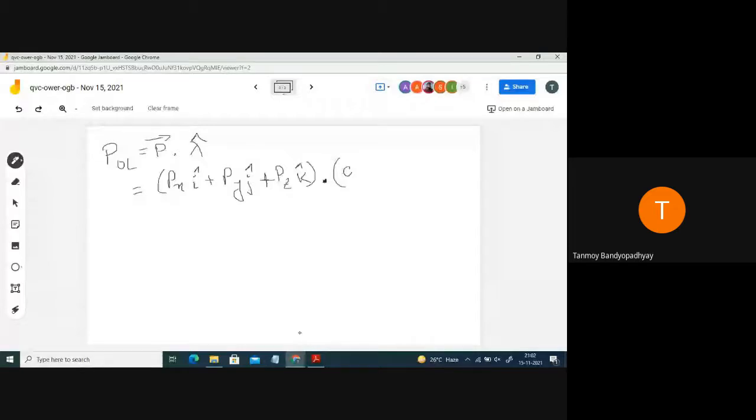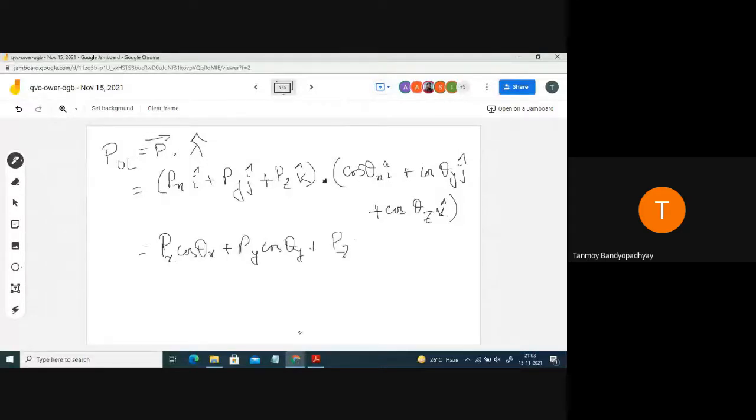So that is cos theta x i cap plus cos theta y j cap plus cos theta z k cap. Once these are known, you just have to find out Px into cos theta x plus Py into cos theta y plus Pz into cos theta z.